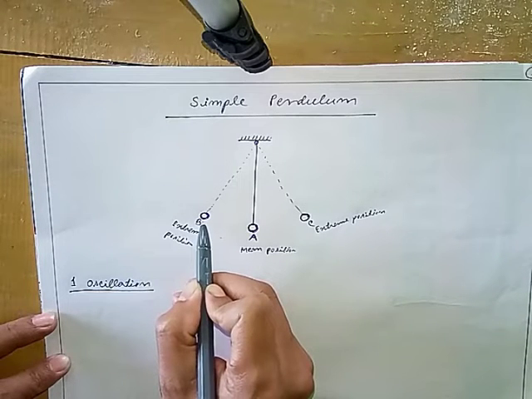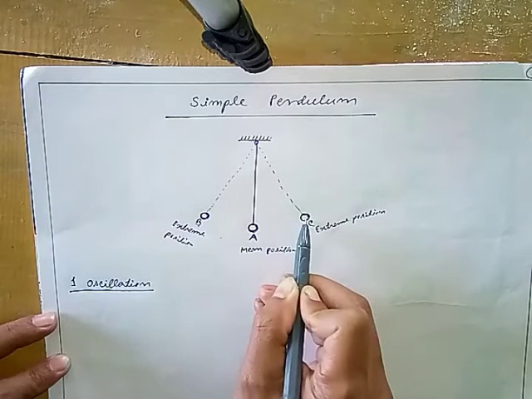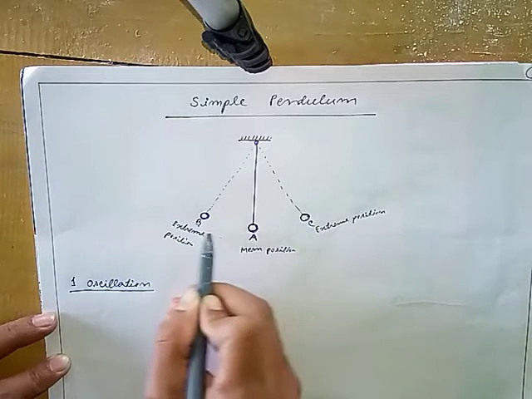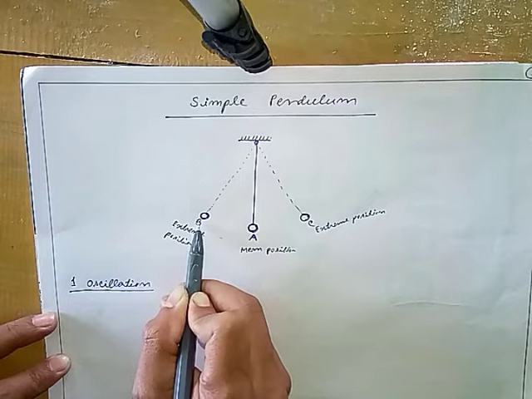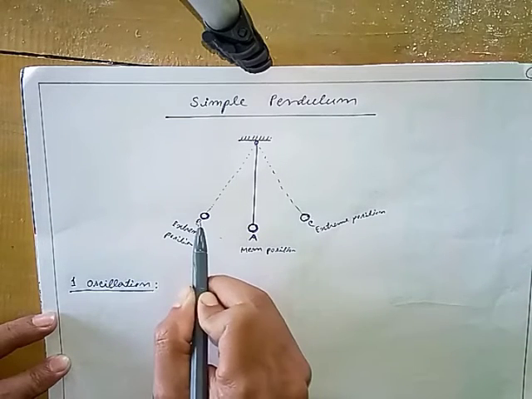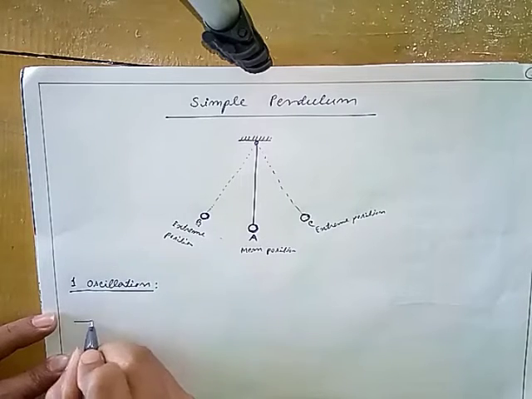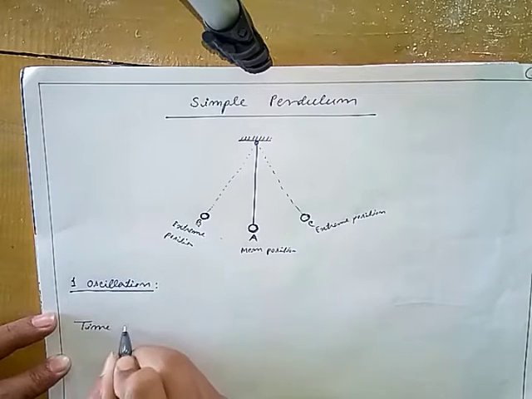During this one oscillation, it required some time, and that time is known as time period.